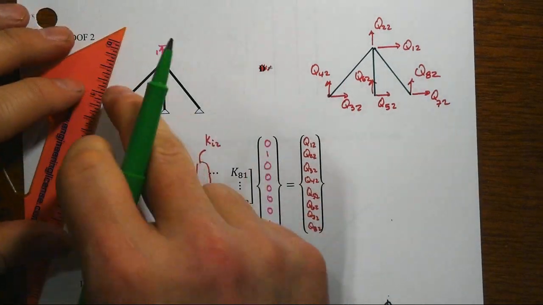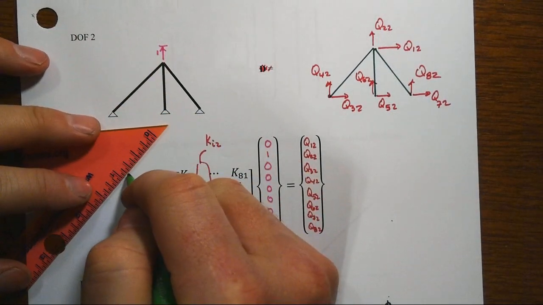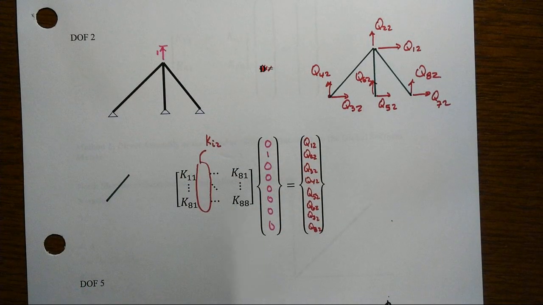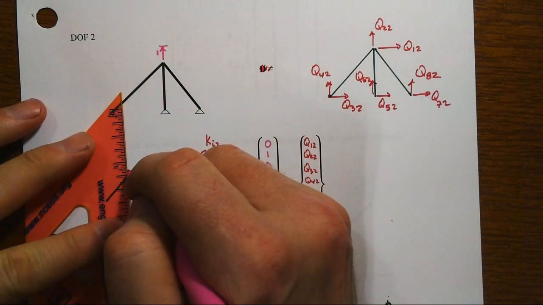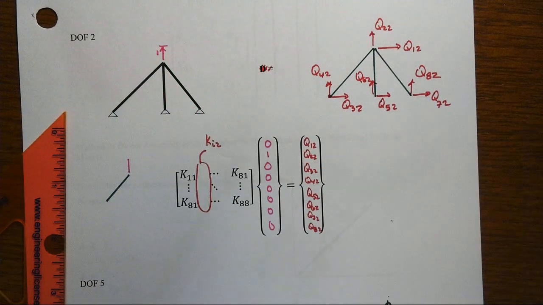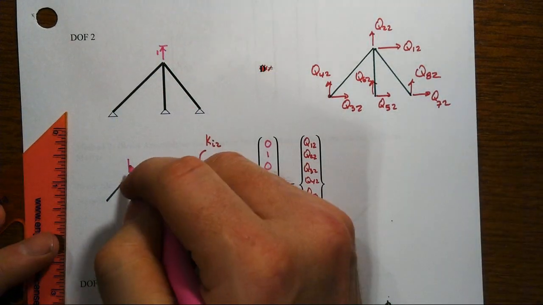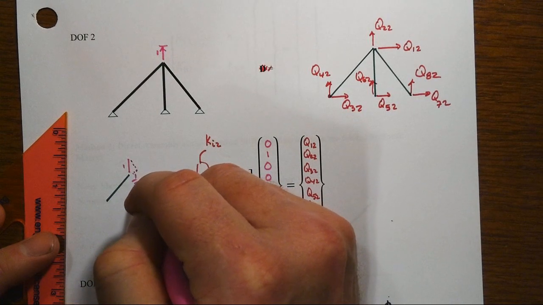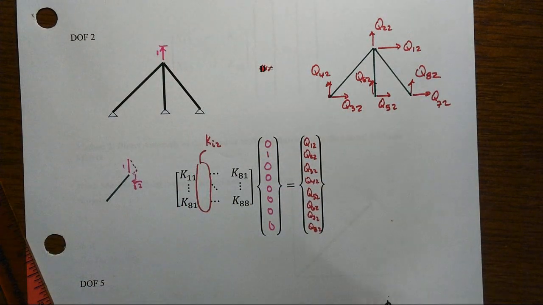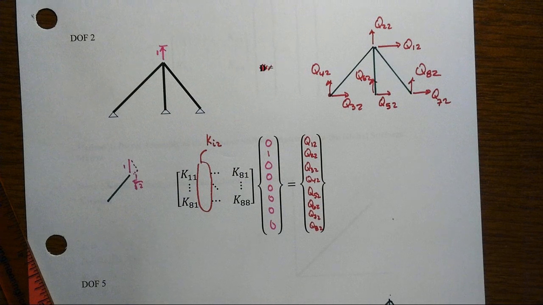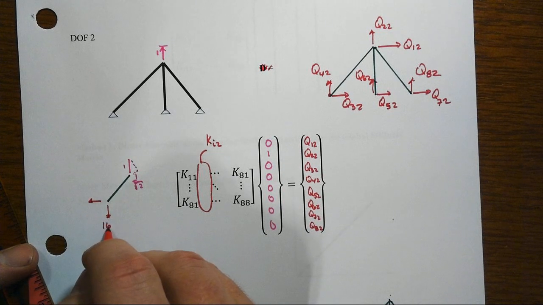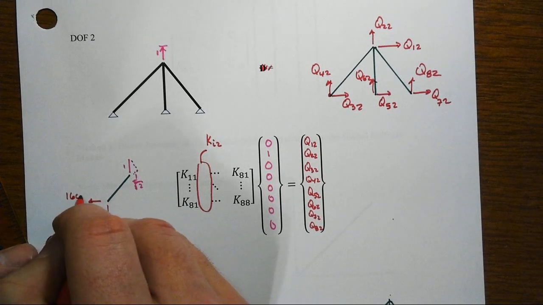And so we'll take this member here that's at 45 degrees, and we will now impose a unit displacement that is up, and so that once again is going to end up being 1 over root 2 for the elongation, and so it's actually going to have the same magnitude and in this case same direction of those values.